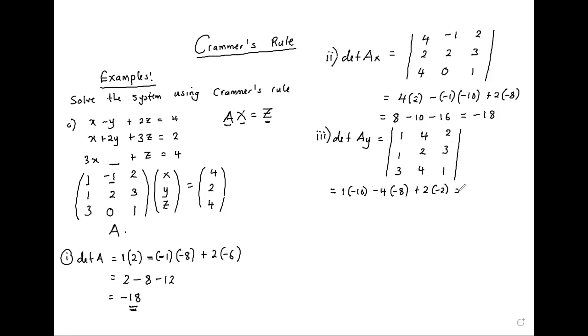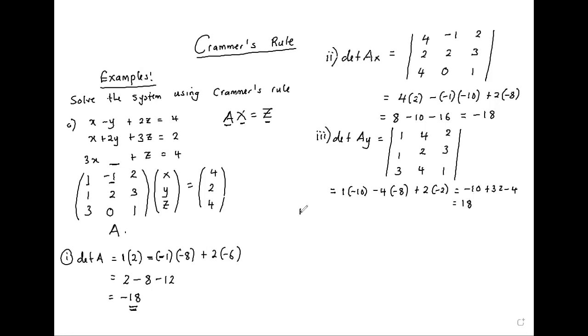Giving us minus 10 plus 32 minus 4. So we get 32 minus 10, that is 22, minus 4, positive 18.